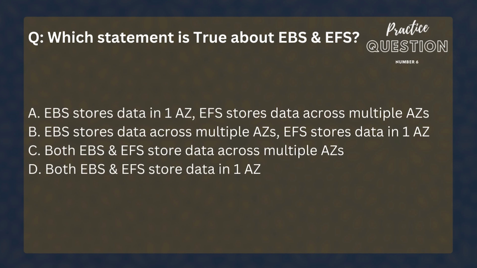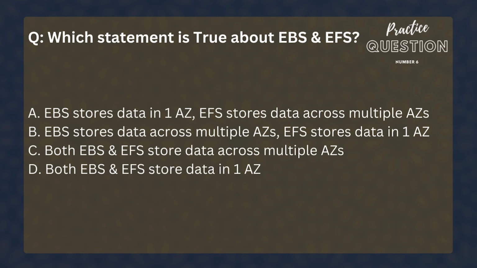Which statement is true about EBS and EFS? EBS stores data in one AZ, EFS stores data across multiple AZs. EBS stores data across multiple AZs, EFS stores data in one AZ. Both EBS and EFS store data across multiple AZs.